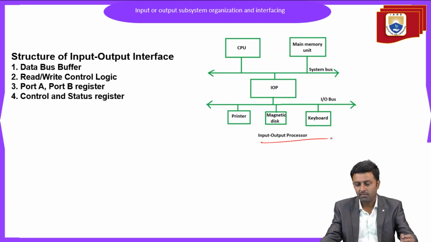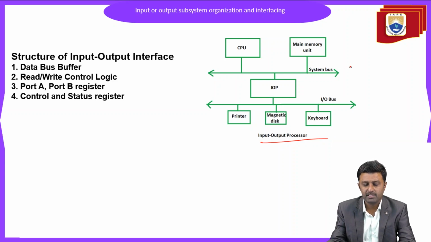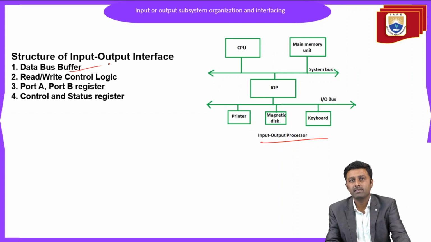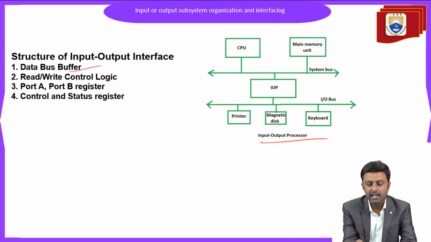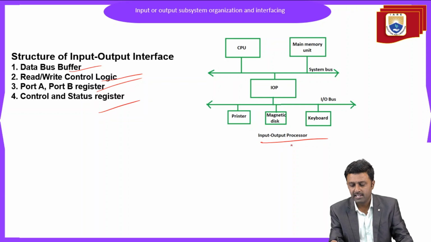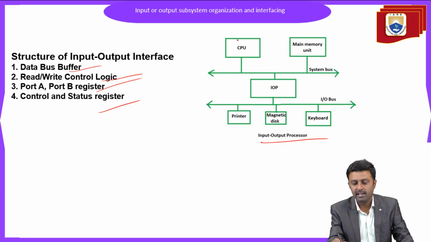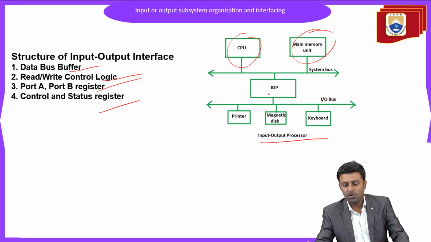This figure shows the input-output processor architecture. It consists of four components: data bus transfer, read-write control logic, port A and port B registers, and control and status register. As you can see, this is the input-output processor which consists of all these things, and here the CPU and the main memory are interfaced with the input-output devices.